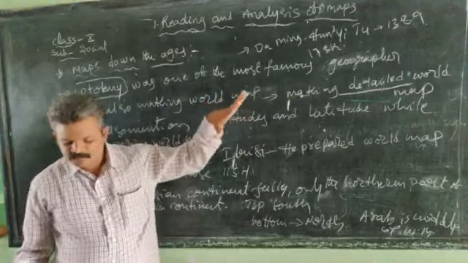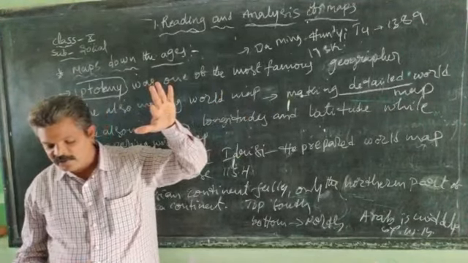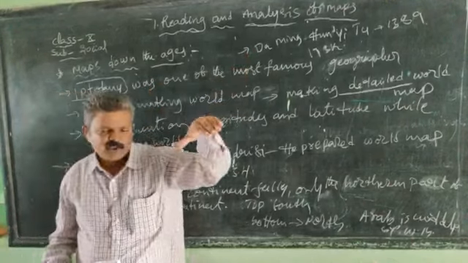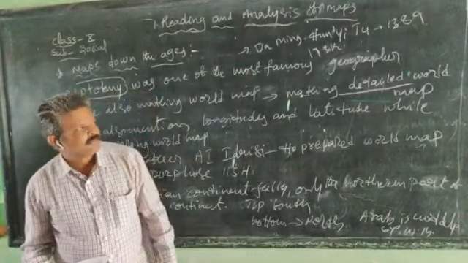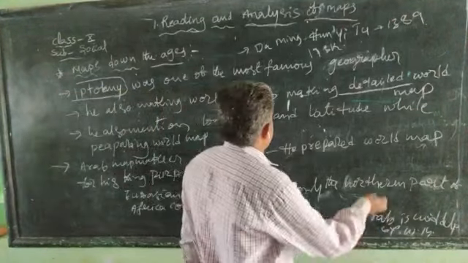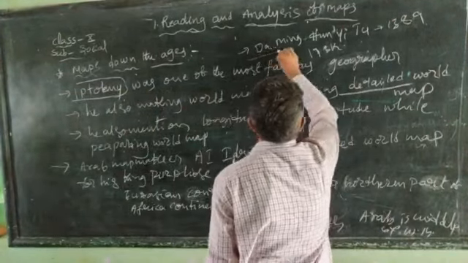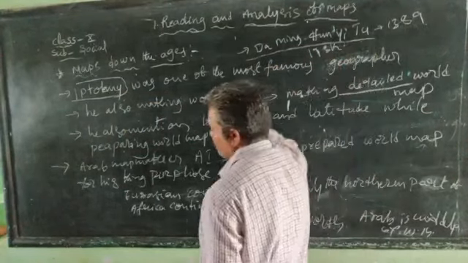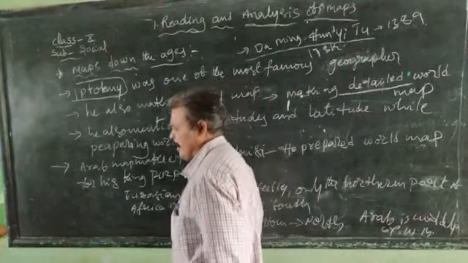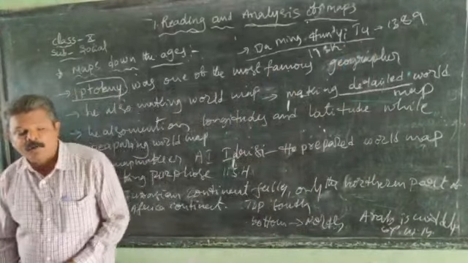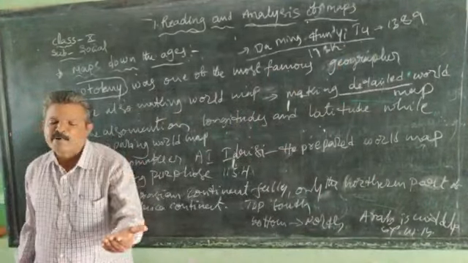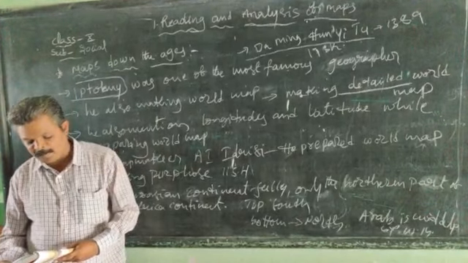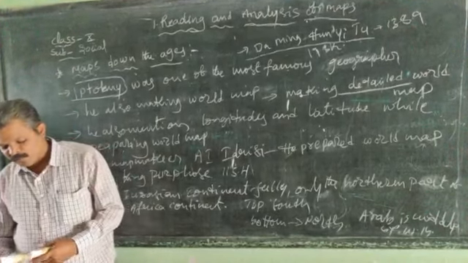They painted all the places there. The Chinese prepared that world map in 1389 for the emperor's purpose.